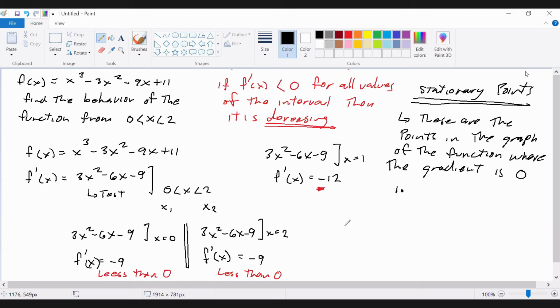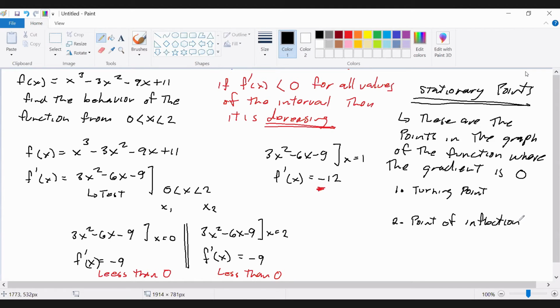Maxima and minima are examples, but we call that one a point of, another term for vertex, point of curvature, turning point. Oh, okay, sorry. Turning point. It's either a turning point, or number two, we have a point of inflection.